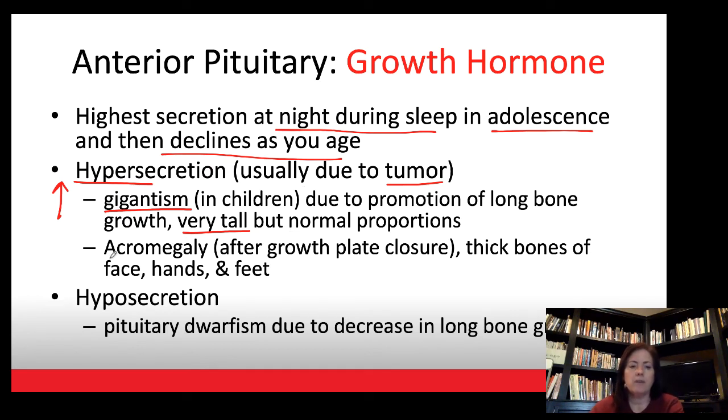On the other side of it, we can have a condition called acromegaly. And what happens with this is that if you end up having hypersecretion of growth hormone after your growth plates have closed.